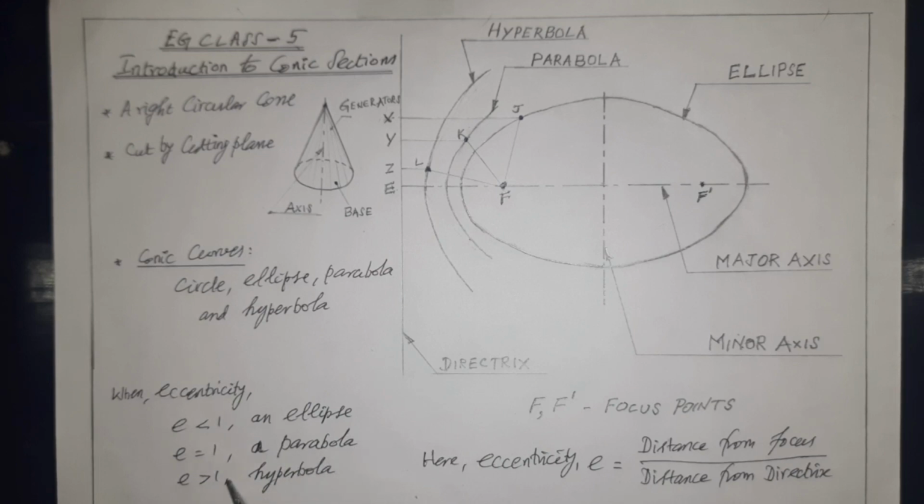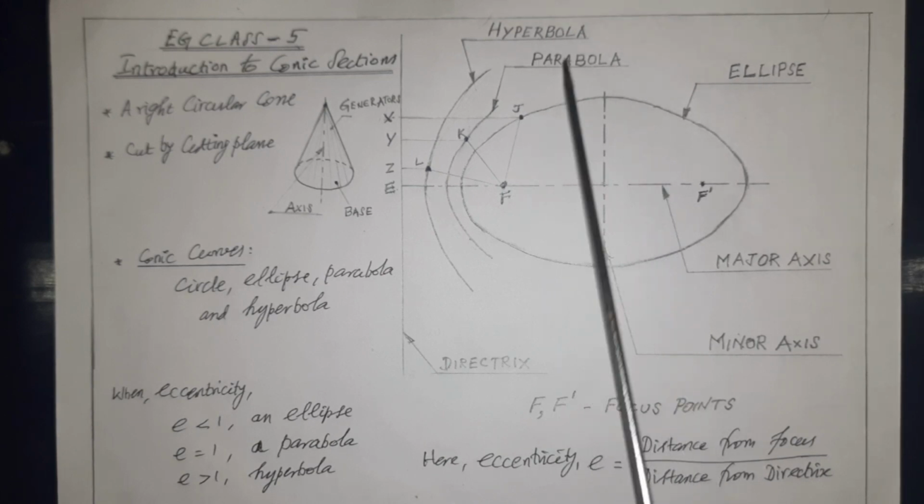When it is greater than 1, it is a hyperbola. For this value of E, you may see the relationship shown, that is, eccentricity E equals distance from focus divided by distance from directrix. This I will explain here. This is the relationship for the eccentricity E.